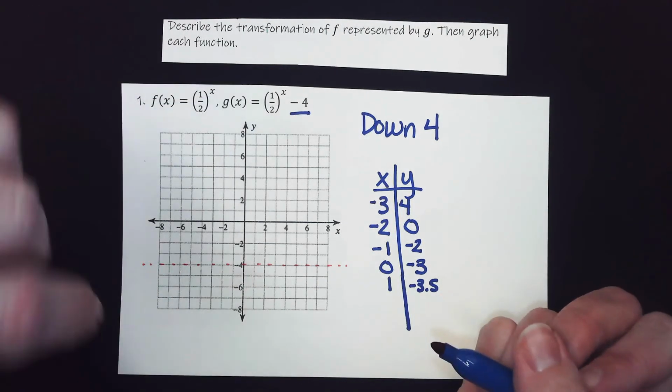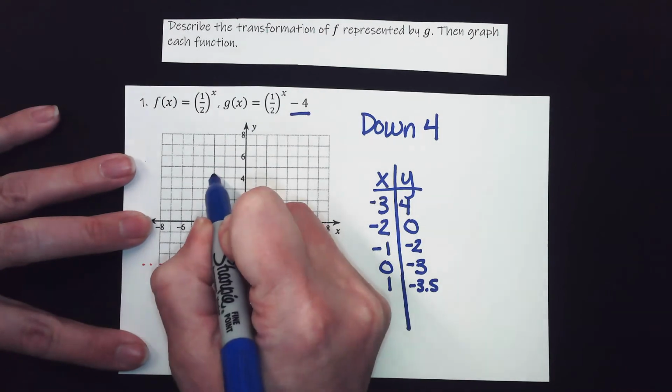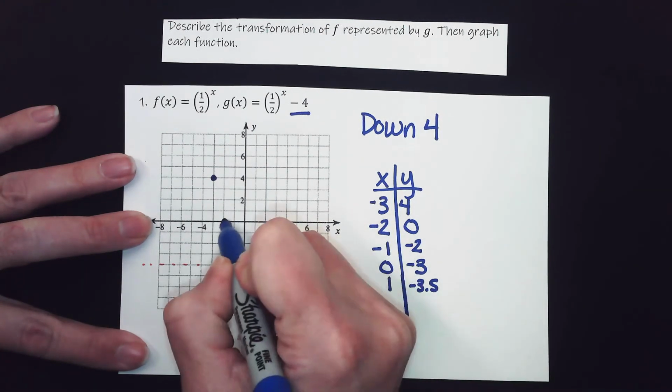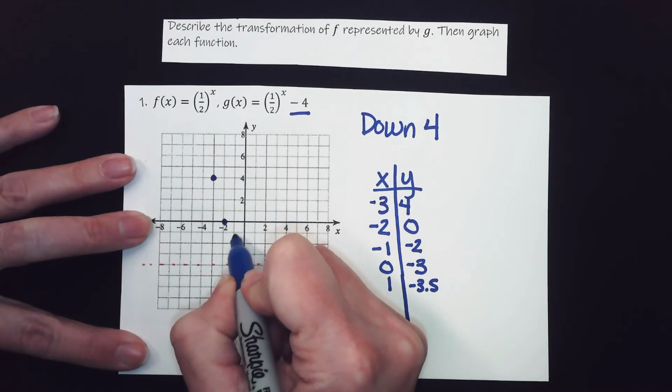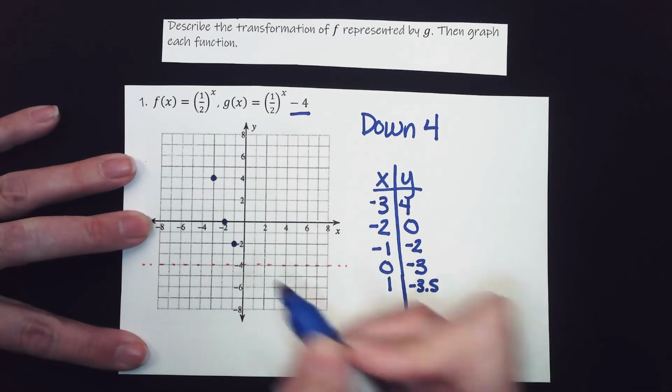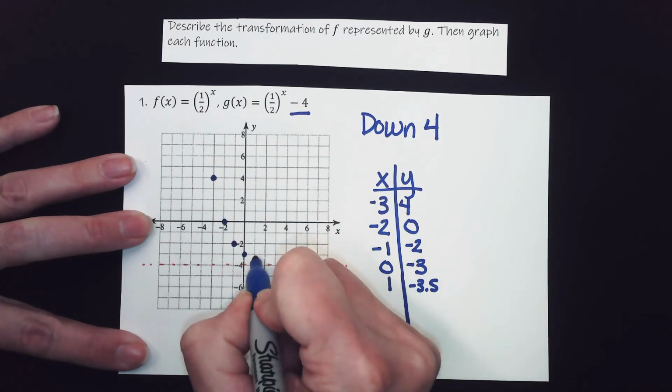So if I plot these points, -3, 4, -2, 0, -1, -2, 0, -3, and 1, -3.5.